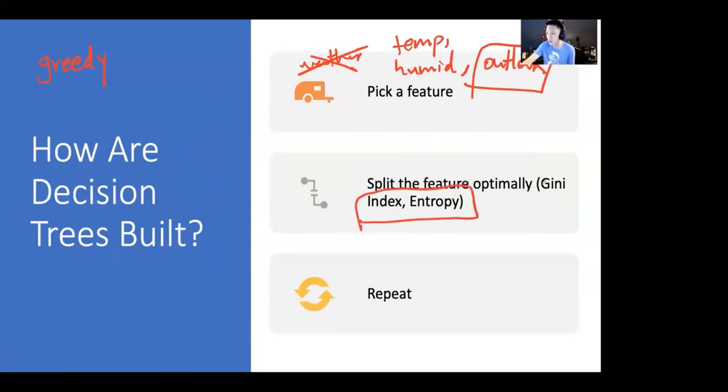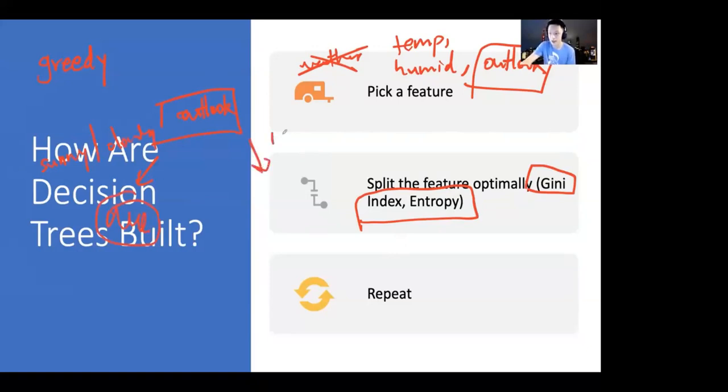There are these different things that I won't talk very specifically about, but you should know about. You can use the Gini index, or you can use this thing called entropy. You can basically find a way to split the outlook so that it's optimal. And then you have a decision tree, right? You have the outlook. And you can say that if it's sunny or cloudy, then you have some other problem here.